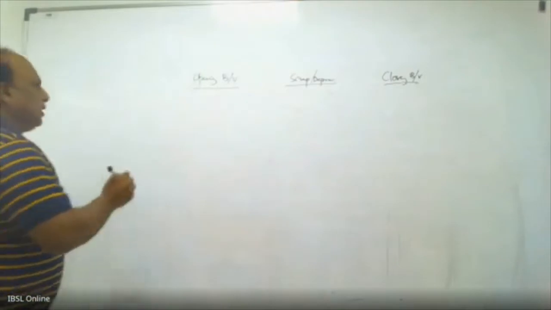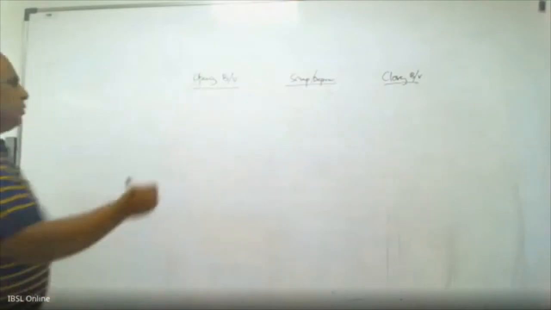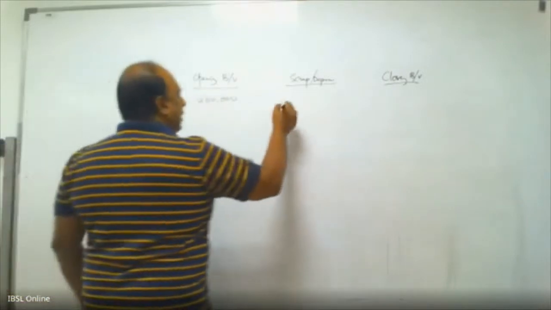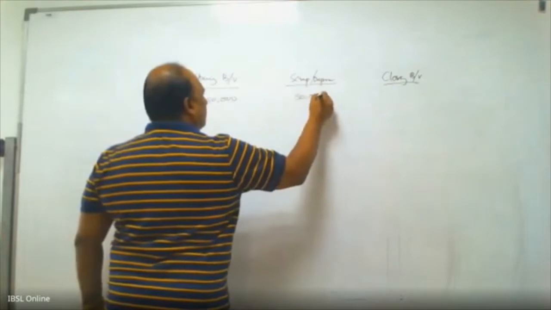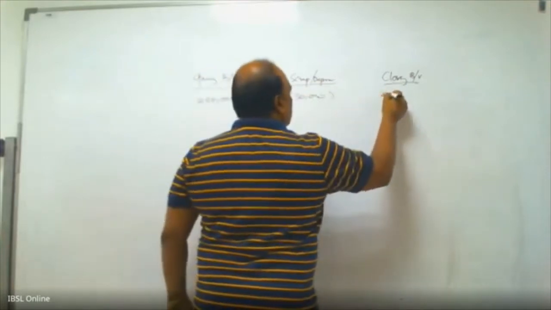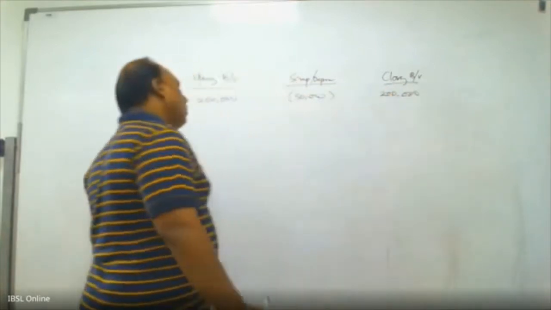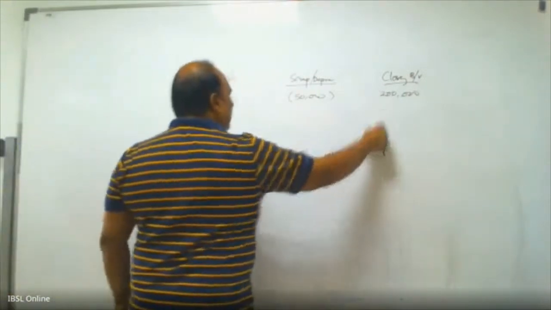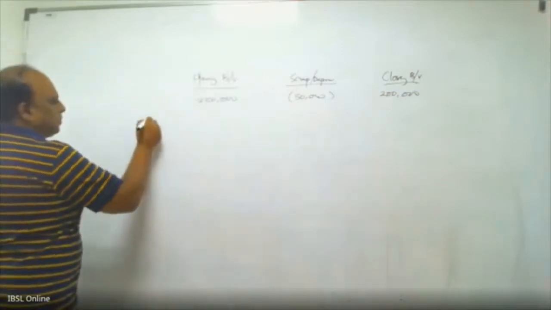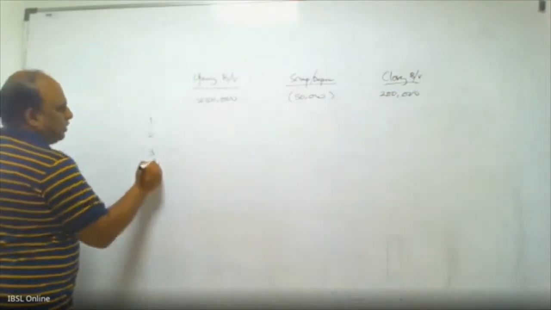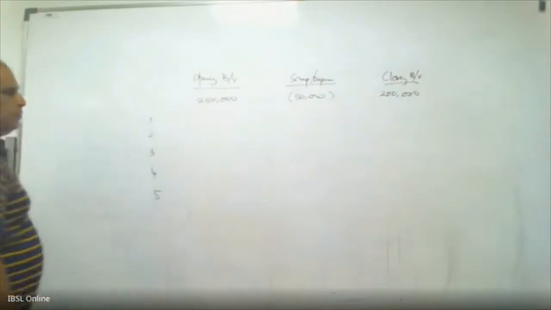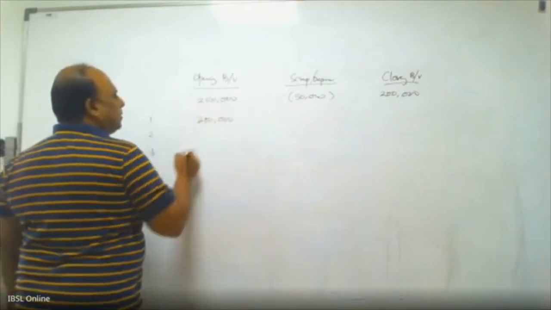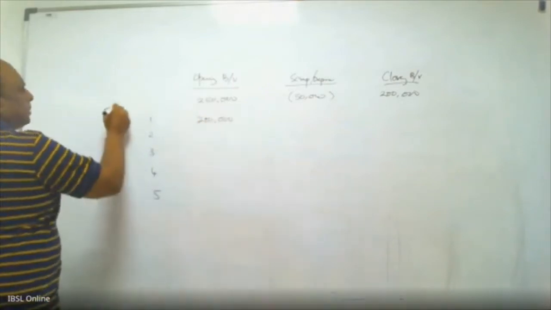They purchased it for 250,000. There is a scrap of 50,000. So this is 200,000, which is what you are going to depreciate on the reducing balance method at 10%.